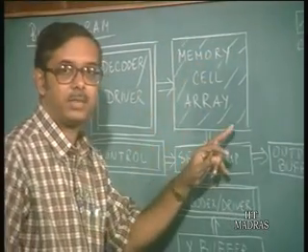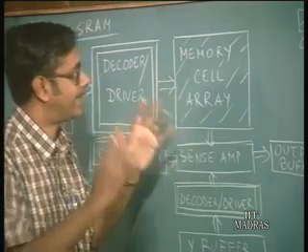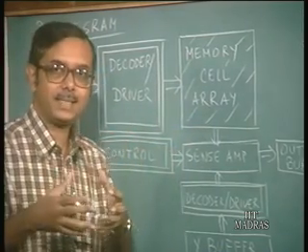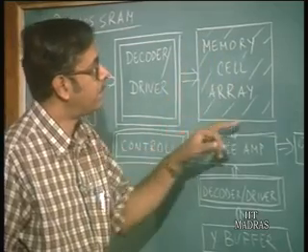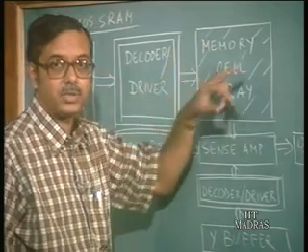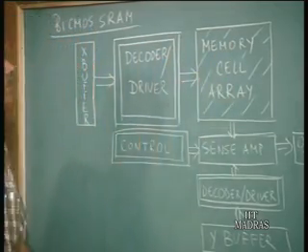For example, in the memory cell array, because CMOS is a more dense circuit, that is it requires less area, and at the same time the power dissipation is less. So, we would retain the CMOS for the memory cell array.